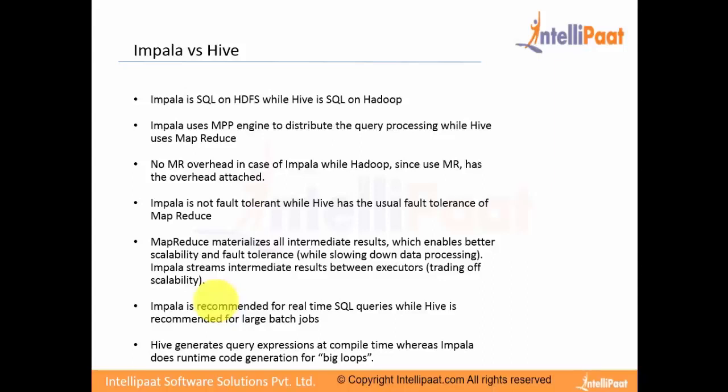Impala, on the other hand, is SQL on HDFS. Now what does that mean? If you are correlating it to the previous thing I discussed, that Hive is SQL on Hadoop, in this case we are talking only about HDFS and we are not leveraging anything related to MapReduce.